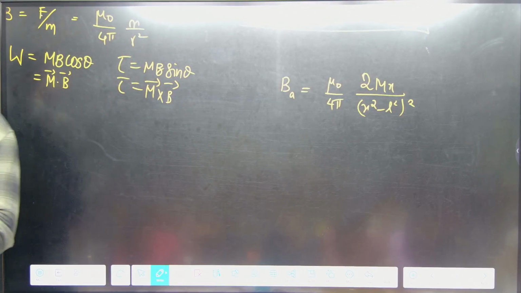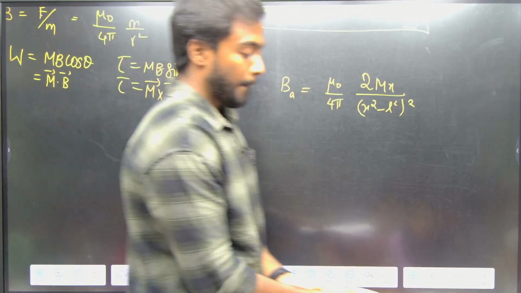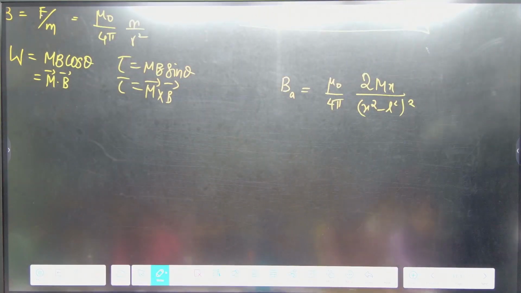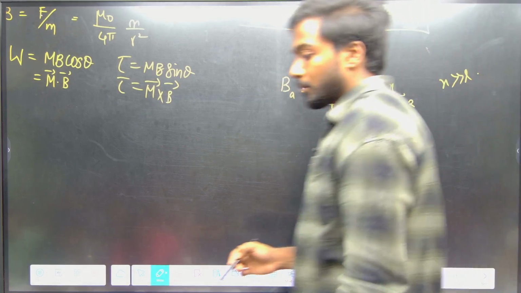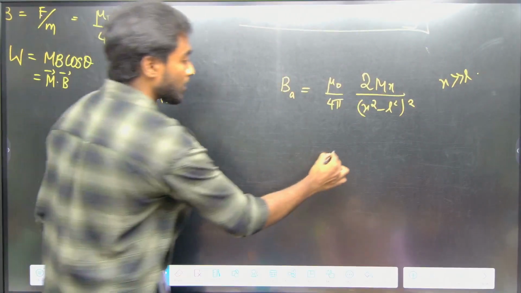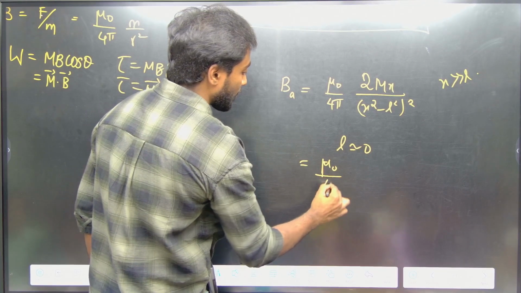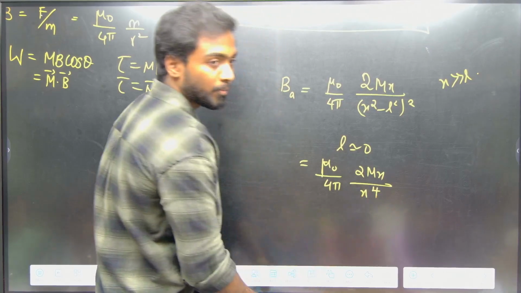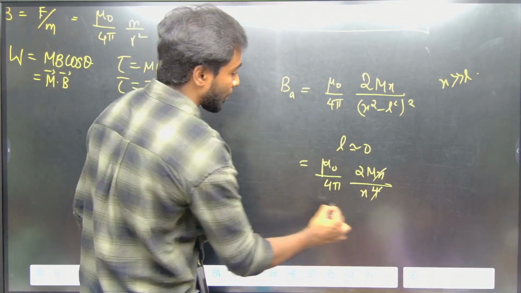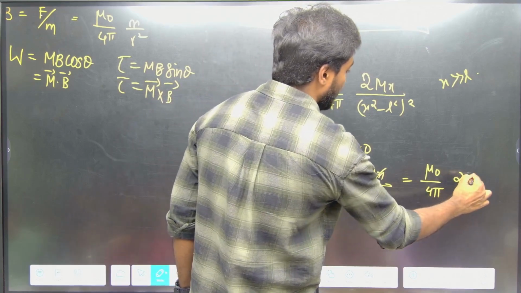This is the formula. Suppose the value they have given, x, is very large compared to L, then L tends to 0. So it is mu naught by 4 pi 2 m x by x power 4. So one x and one x will get cancelled off. The final answer will be mu naught by 4 pi 2 m by x cube.